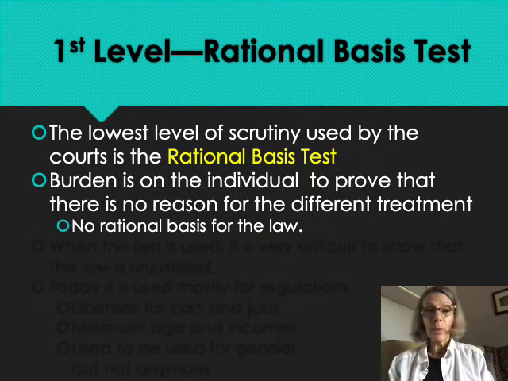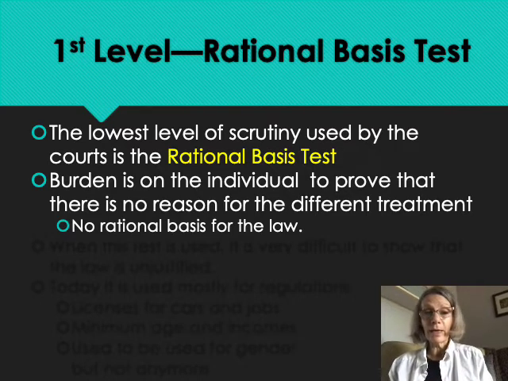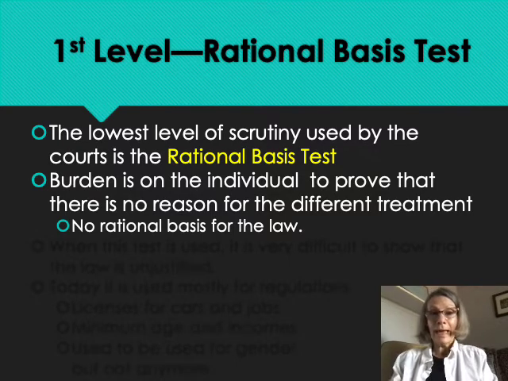Basically that's why it's called the rational basis test: if the government can say that there's a reason for this, the individual being discriminated against has to say there is absolutely no reason for this. And that's pretty difficult to demonstrate if the courts are using the rational basis test. That's why it's sometimes referred to as the anything goes test.